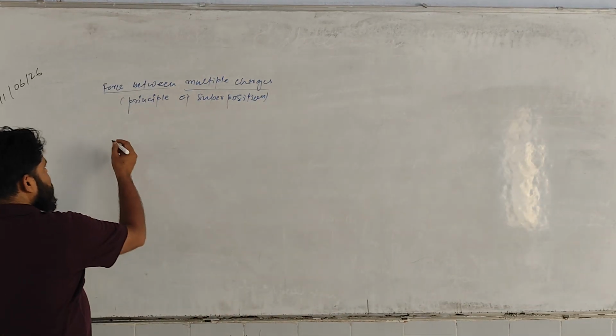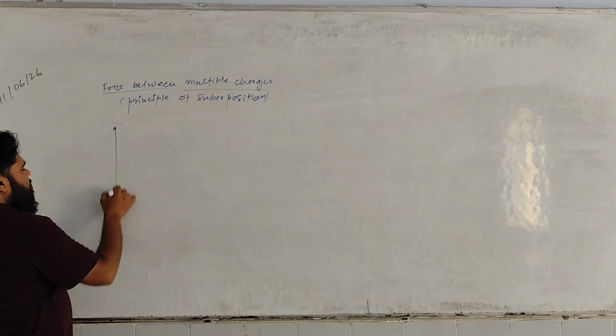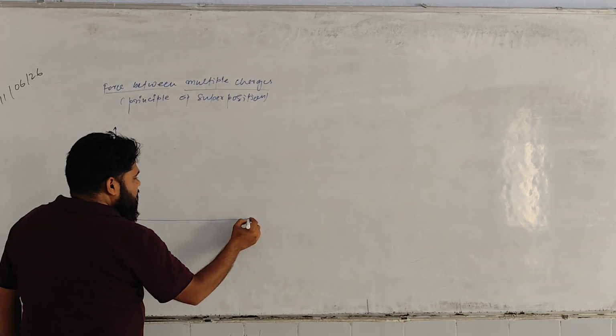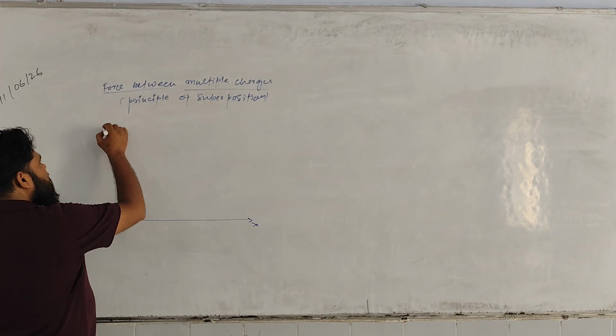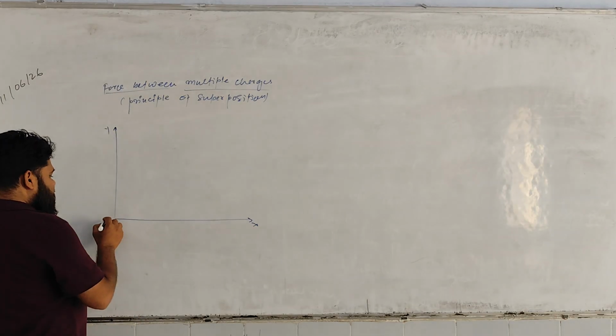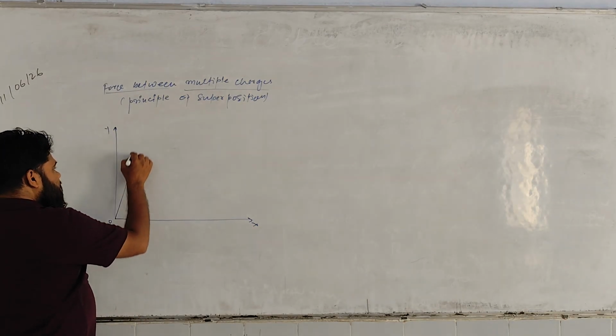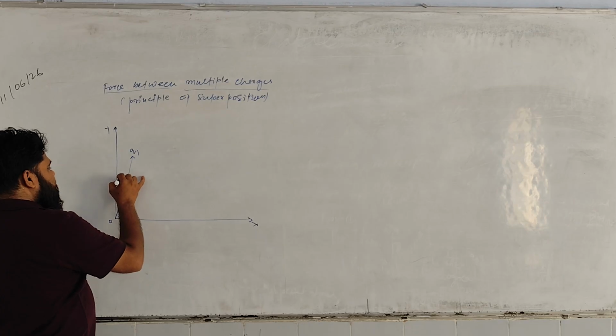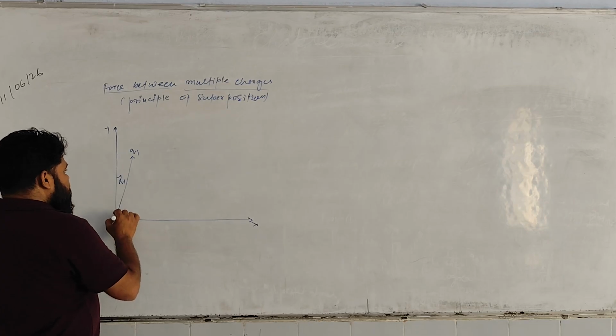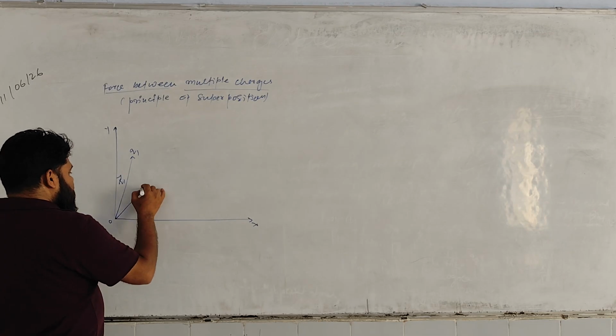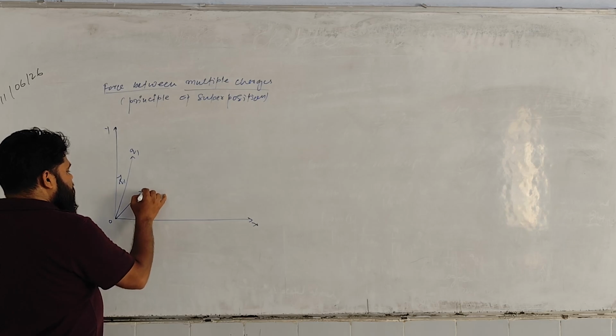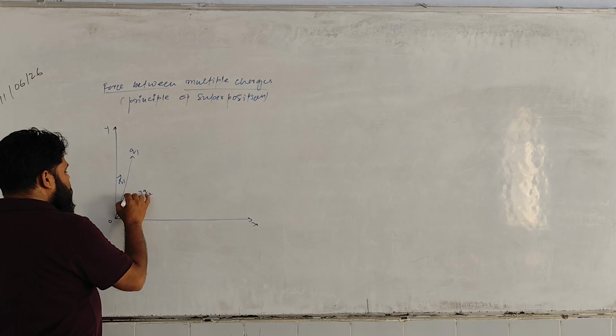Suppose that is the x-axis, here is the y-axis, and that is the origin. Here is the charge q1 at a position vector r1. Here is the charge q2 at a position vector r2.